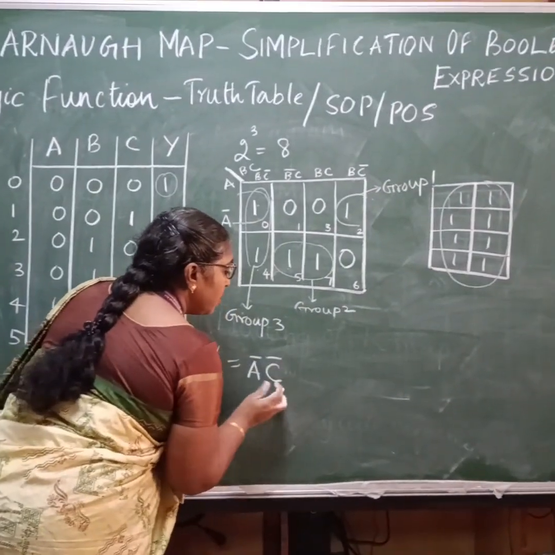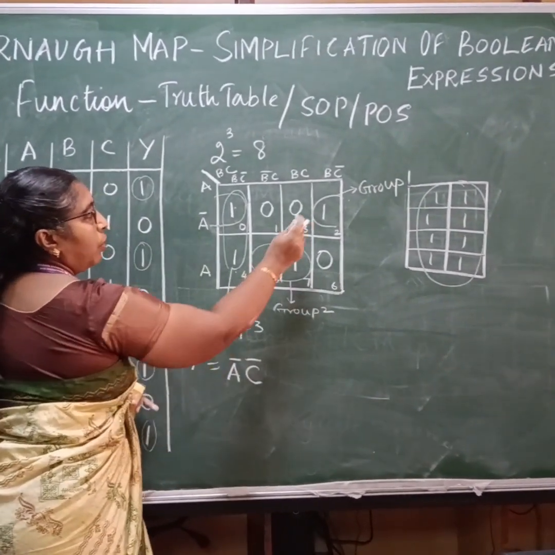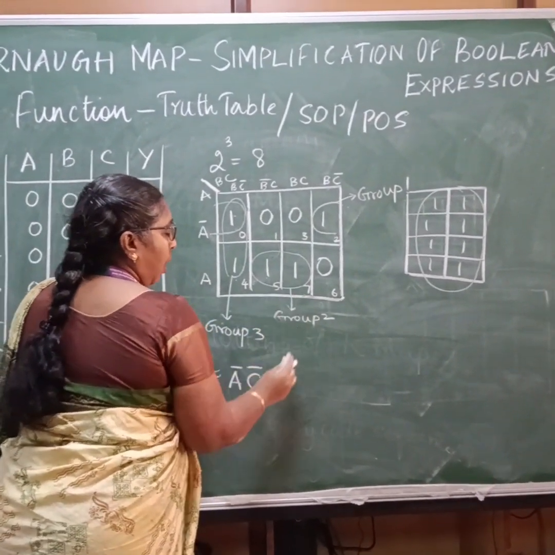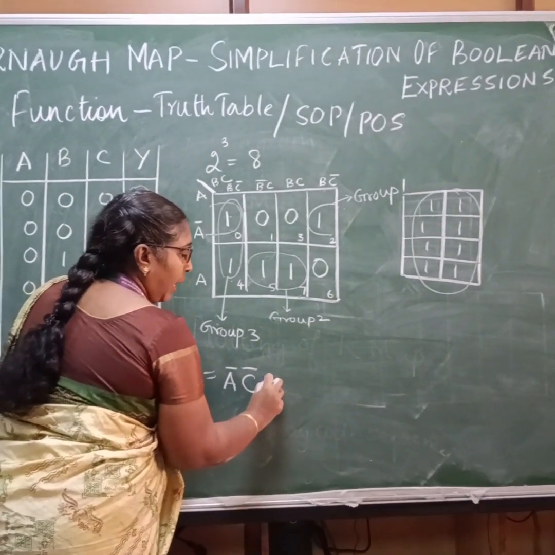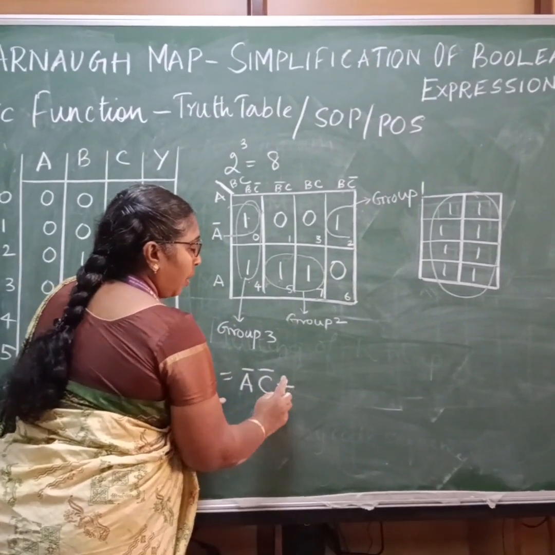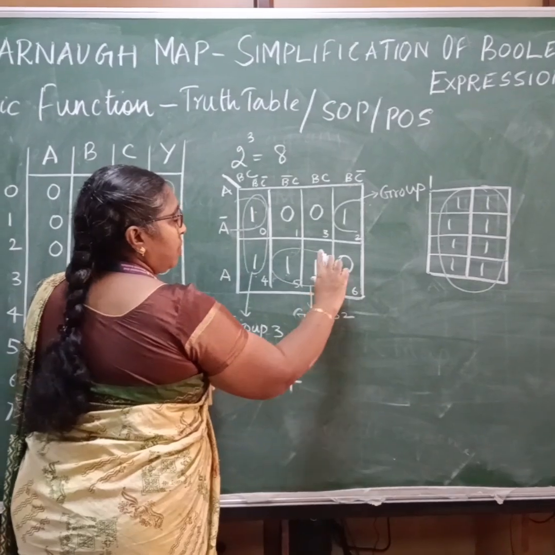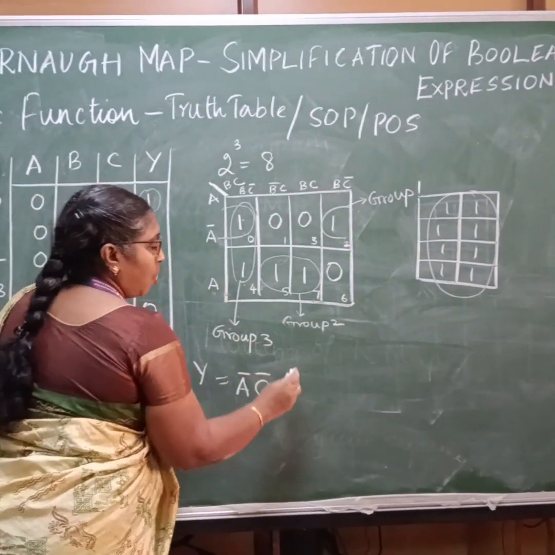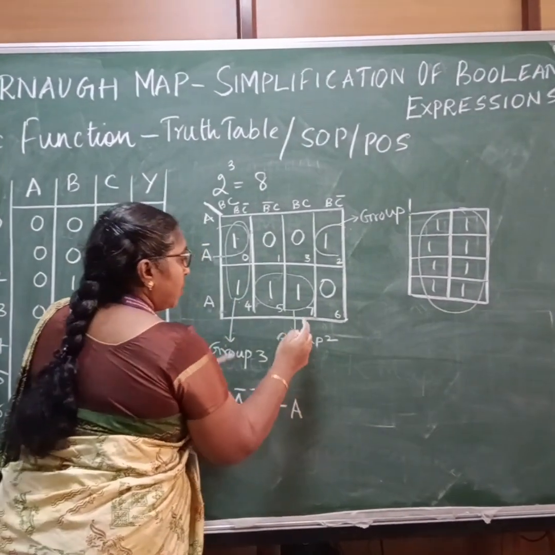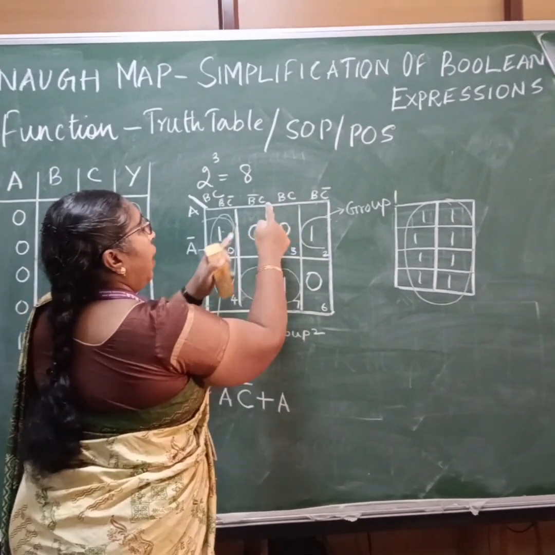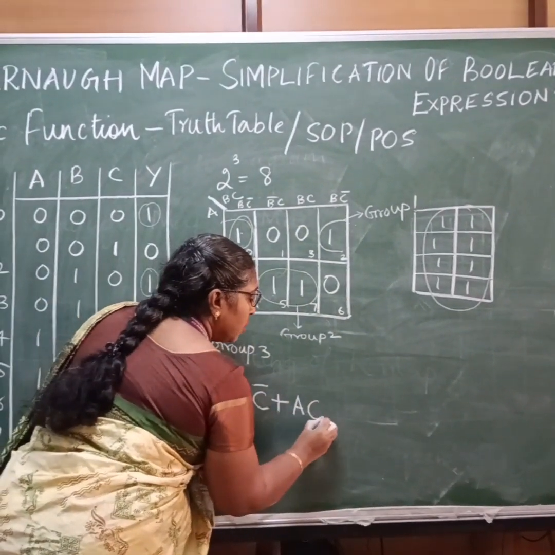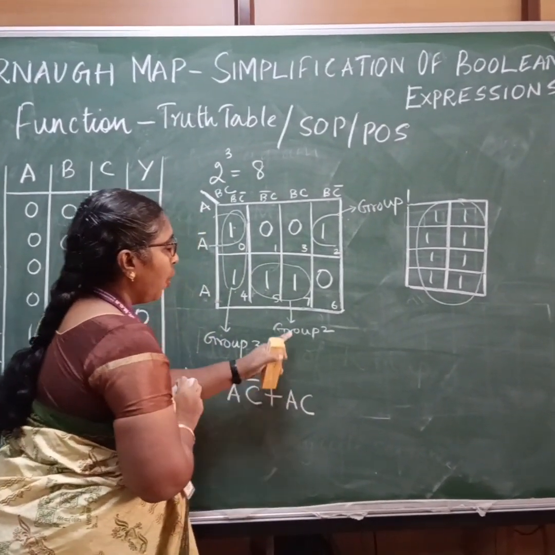So this is the first term, for group 1. Next is group 2. As it is SOP, sum of products, plus. When you take it horizontally, what is common to both? It is A. When you take it vertically, what is common? C. So this is the term for group 2.